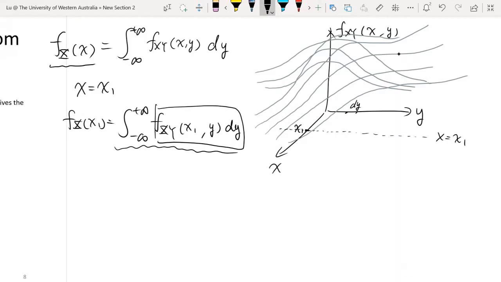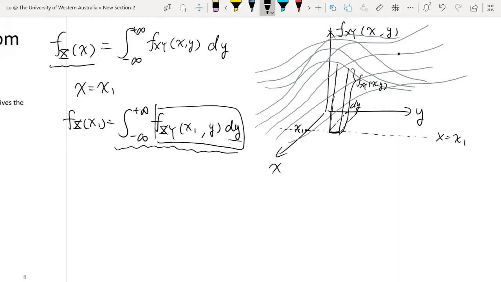At this given x1, the dy is given here, right? We want to use dy to multiply the joint PDF. At this particular point, the joint PDF is given. Let me just draw it out. This height is f_XY(x, y), the height of the joint PDF at this particular point, right?